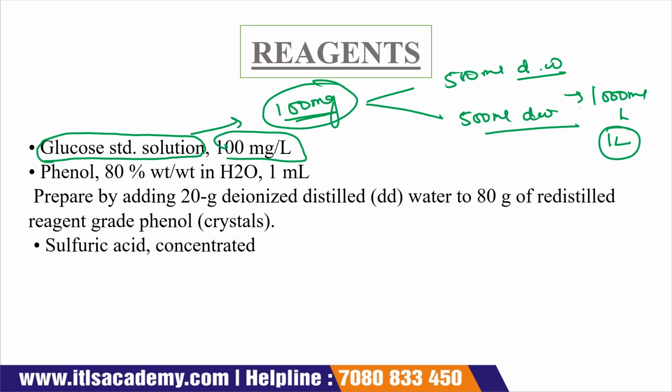Now the second one is that we have to prepare phenol 80% weight by weight in H2O. For this, we take 20 grams of deionized distilled water, or you can say 20 ml, and to it we add 80 grams of redistilled reagent grade phenol crystals.